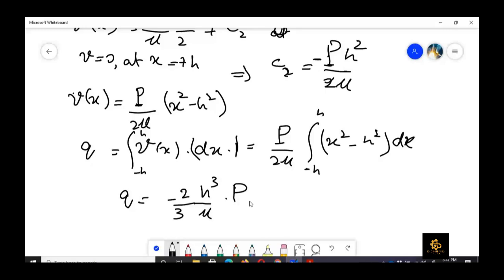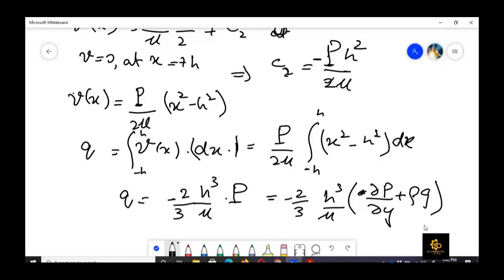Now again there is a minus here. Because we know that partial p by partial y is a negative value, it would be catered for in that.